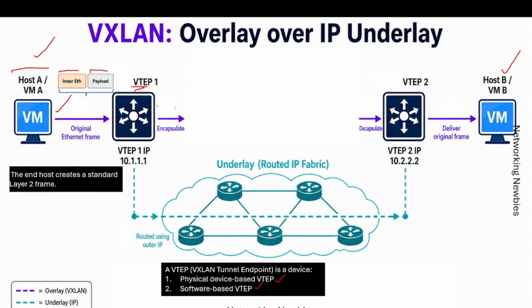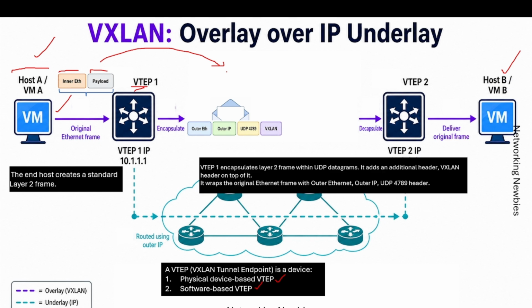Now this is the job of the VTEP. This is important: the VTEP will receive that frame and put it into, let's say, an envelope, and then put a stamp on top of that, which we call encapsulation. So the VTEP performs encapsulation. It wraps the original Ethernet frame with an outer Ethernet header.